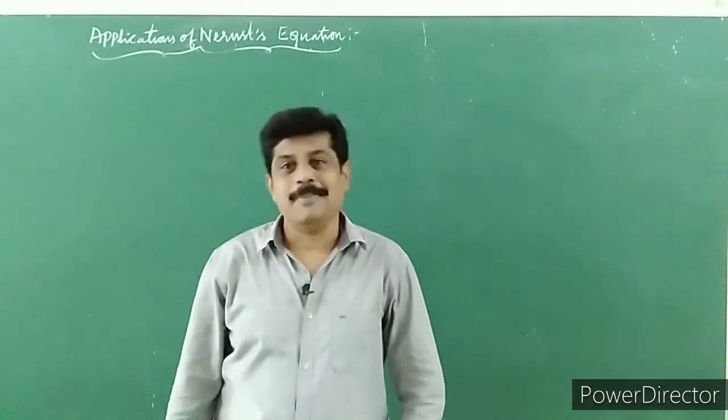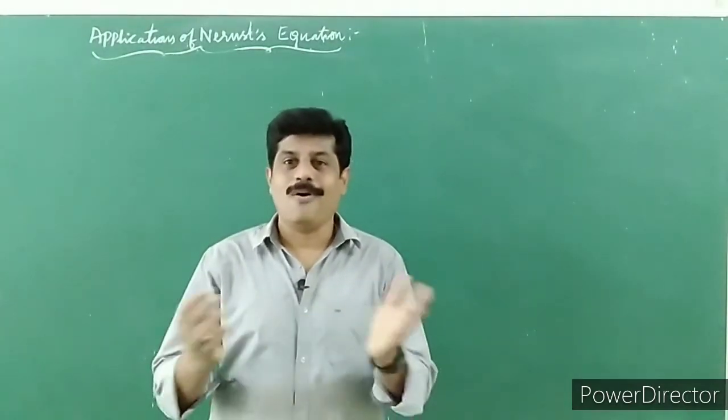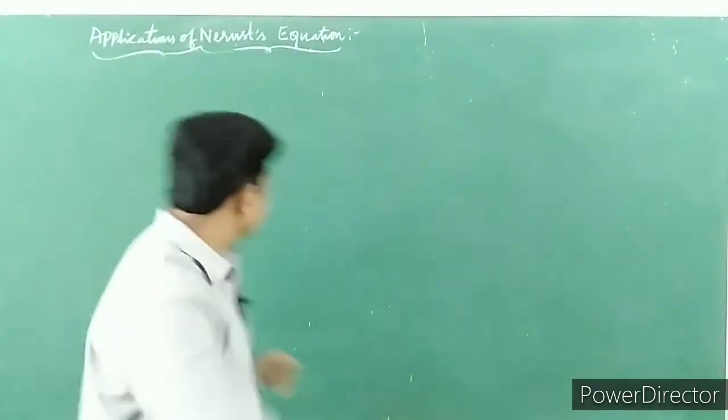For that, let me consider one of the simplest electrochemical cells or galvanic cells, that is the Daniell cell.